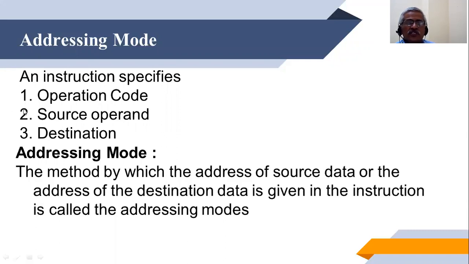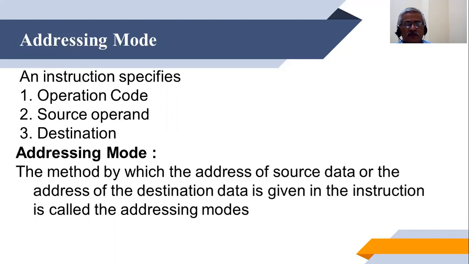An instruction generally comprises three parts: the operation code, the source operands, and the destination operands. The source and the destination operands can be at different places in the system.